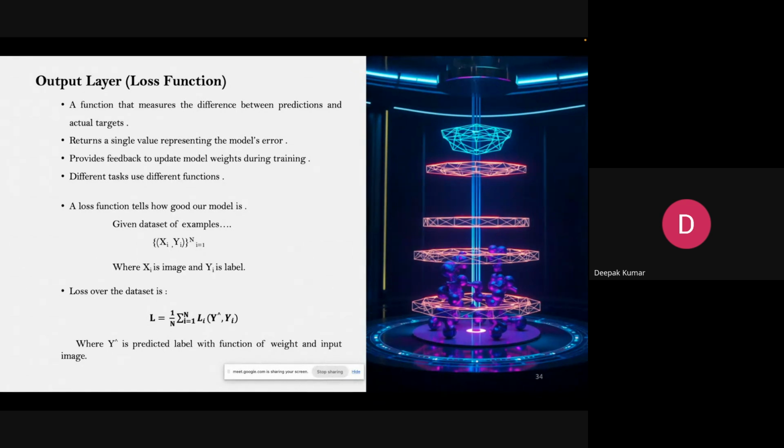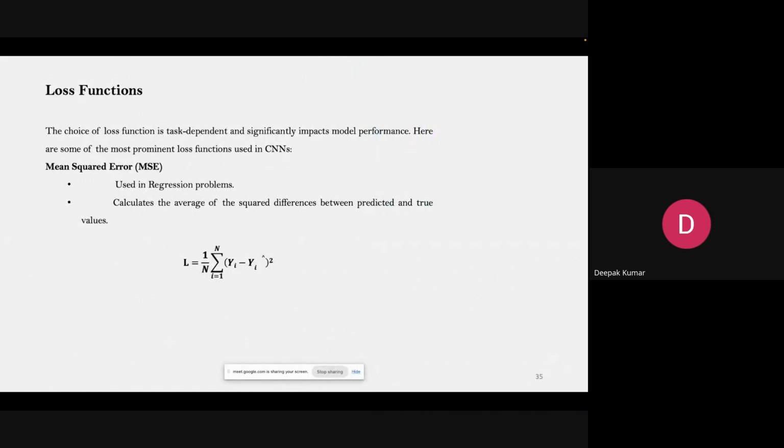But as we can see, the loss function is simple and straightforward. What would be our predicted output? Y dash. What is our actual output? Y, represented by this. And we simply compute the difference between these two values, the true value and the predicted value. In classification, as we know, we try some numbers, and in regression, we try the difference between them. So mean square error is a popular loss function.